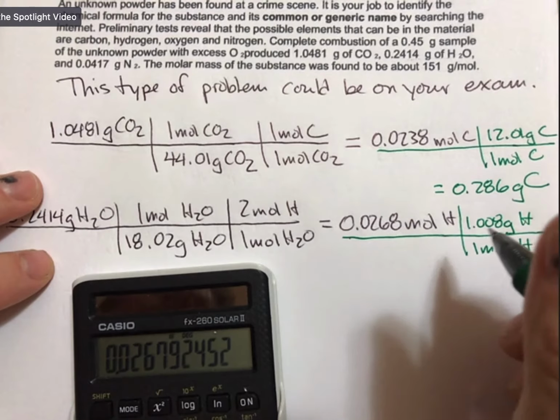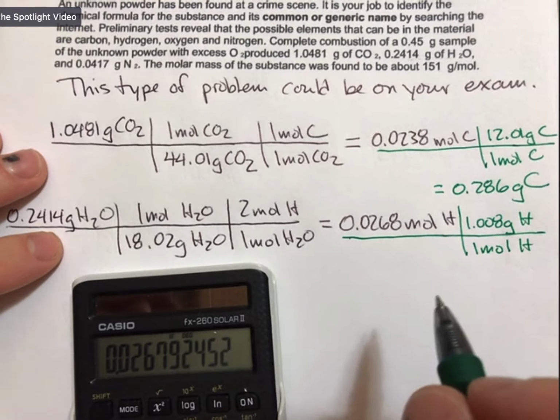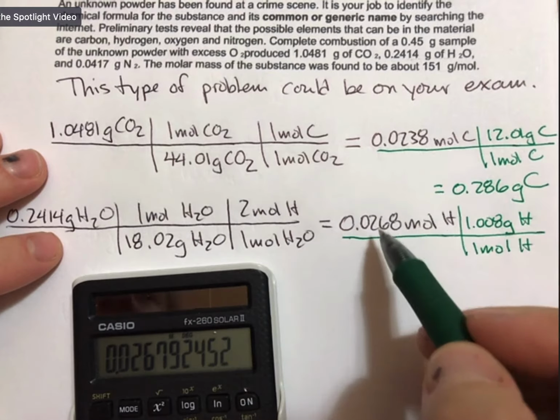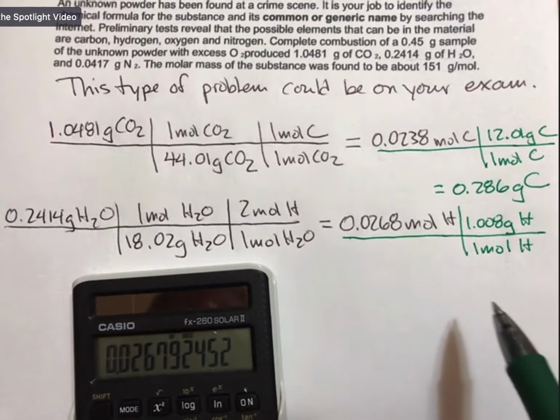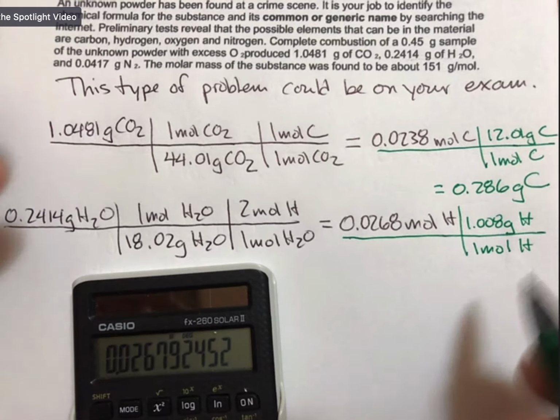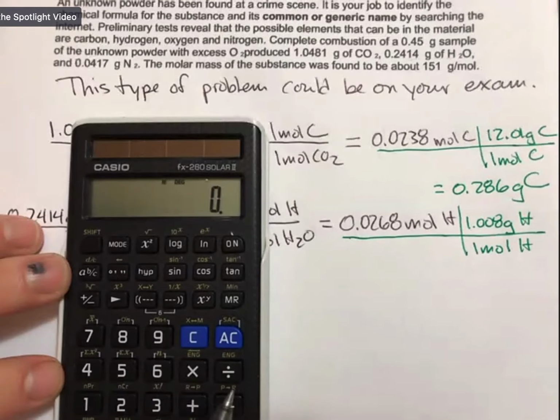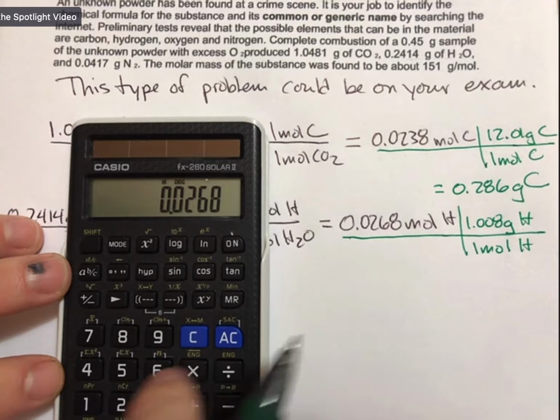I actually don't normally do it like this, but I'm really enjoying having my grams in a different color than my moles, because that allows me to classify later in the problem and separate these numbers. I don't usually do that, but this is a new addition to my technique.